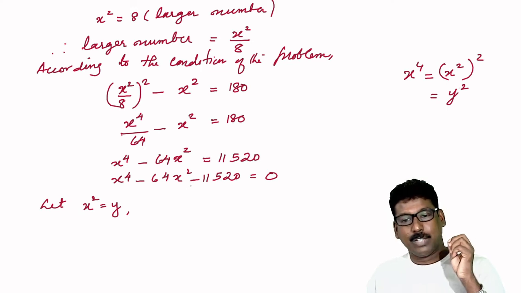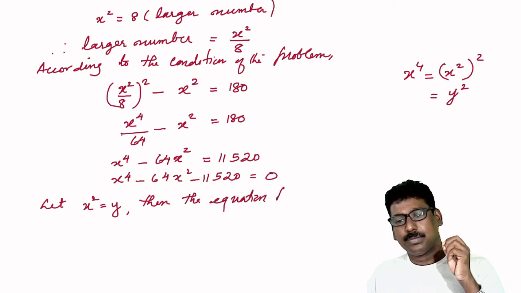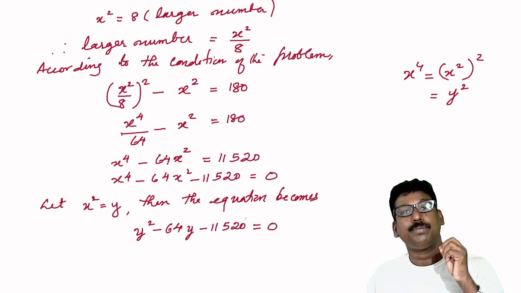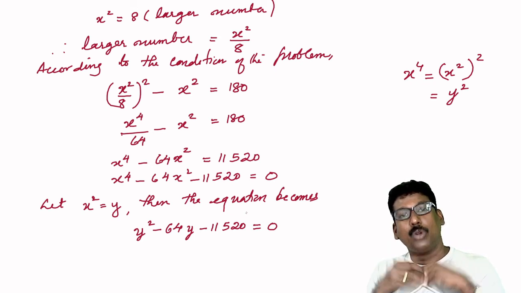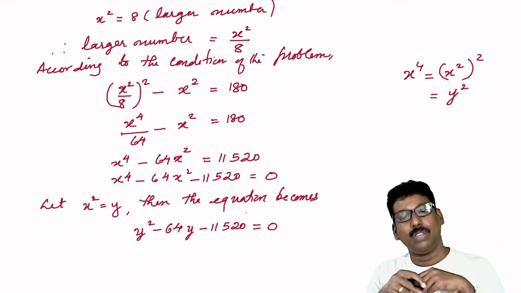Then the equation becomes y square minus 64y minus 11,520 is equal to 0. Now you can get the value of y. How do you get the value of x? y is equal to x square. Find the square root of the answer. You will get the value of x.